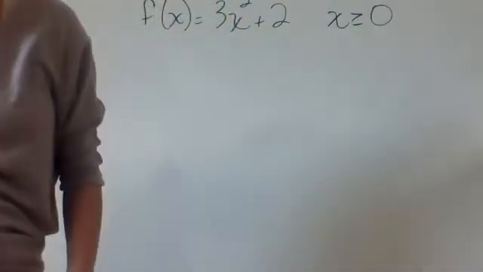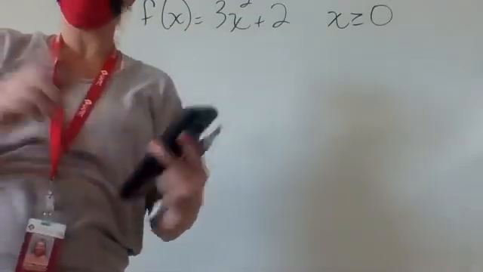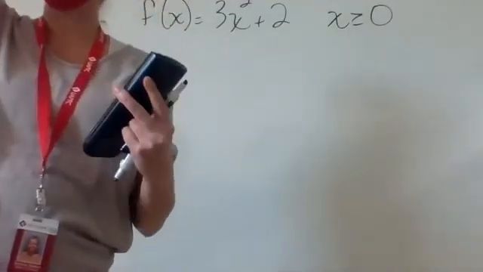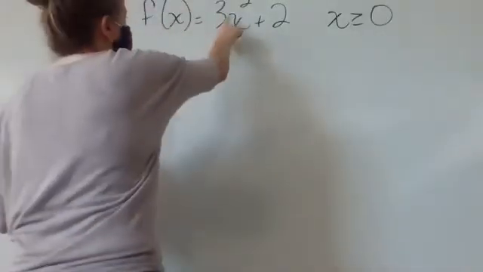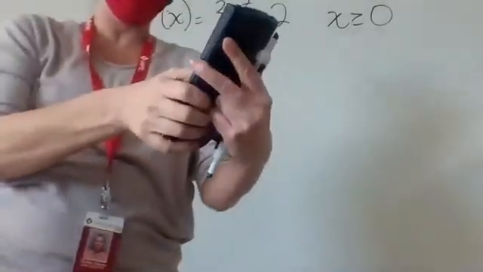Let's graph this one first, because I'm thinking that's not going to pass the horizontal line test. If I'm a U, I'm going to have a horizontal line go straight through it and touch it twice. So let's see what this looks like on the graph. Type in 3x squared plus 2.